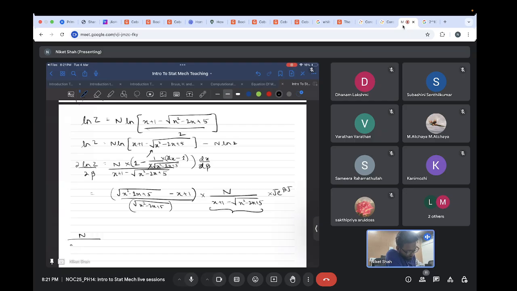N divided by x plus 1 minus square root of x square minus 2x plus 5. I'm writing only this term, multiplied by x plus 1 plus square root of x square minus 2x plus 5 divided by x plus 1 plus square root of x square minus 2x plus 5.